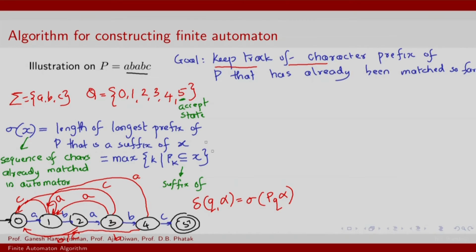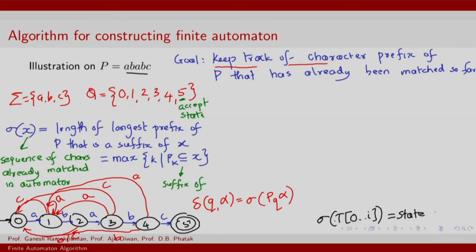Now how do you translate this observation into an algorithm? The intuition behind the algorithm is as follows. What is the desired invariant of this algorithm? When I have seen the first i characters of t, I would like to be in a state which corresponds to the length of the longest prefix of P that is a suffix of the string seen so far, which has taken me to that particular state.